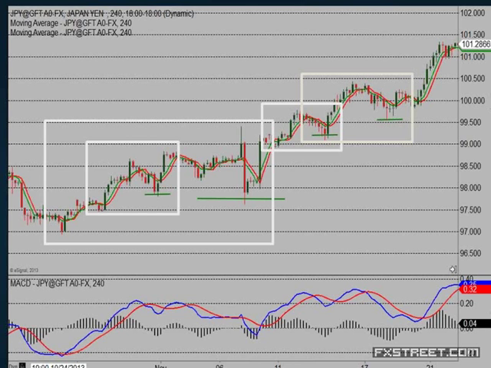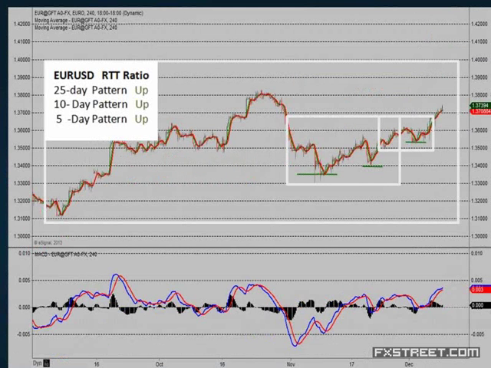Probably been going on as far back as when Egyptians started trading cotton. It wouldn't have surprised me that you saw that same familiar pattern. Okay? Here's that same pattern again in dollar yen, and an important point I want to make here is that, again, there's nothing new about the pattern, right?